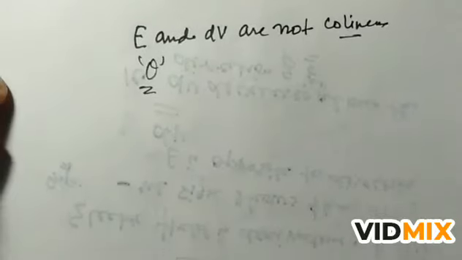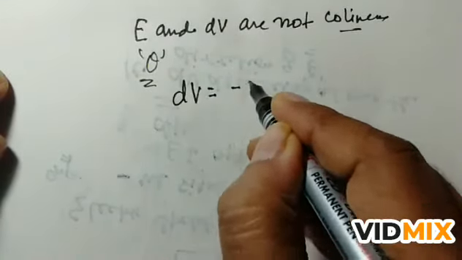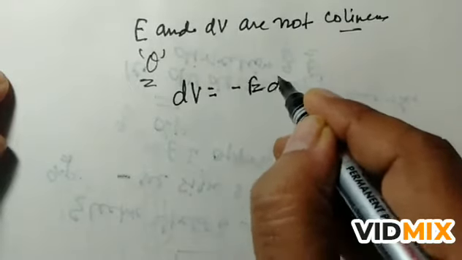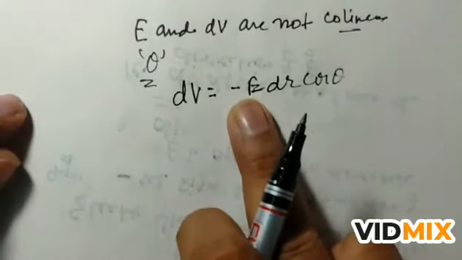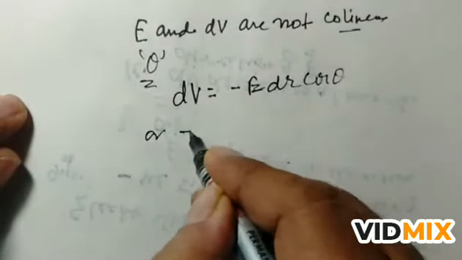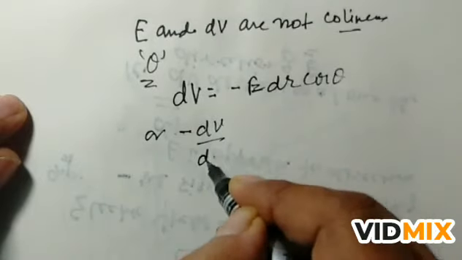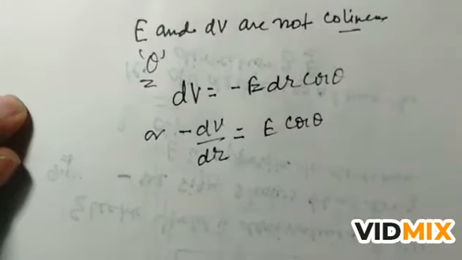According to the relation, dV is equal to minus E dr cos theta, because now it is a scalar product, or minus dV by dr is equal to E cos theta.